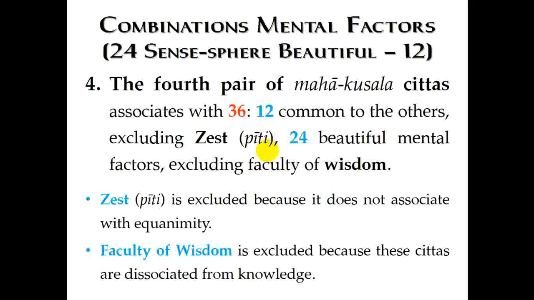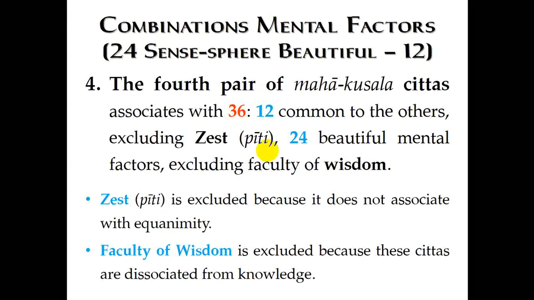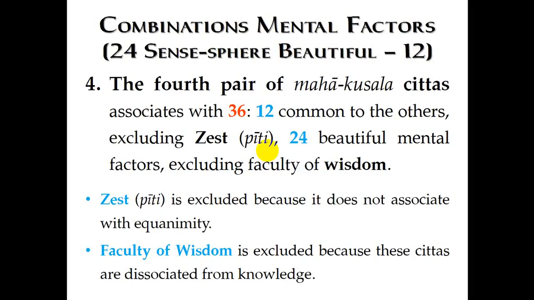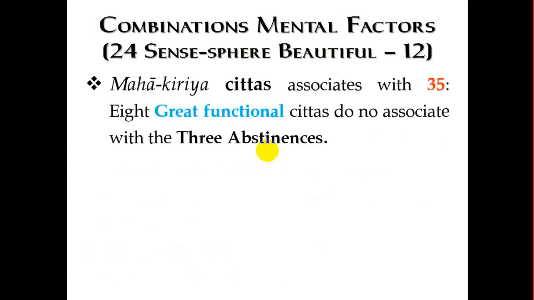I think these are very useful to understand, especially for those who want to become a teacher, especially a meditation teacher, right? So you must understand that. When we talk about Mahakriya Cheta, it's to say only 35.